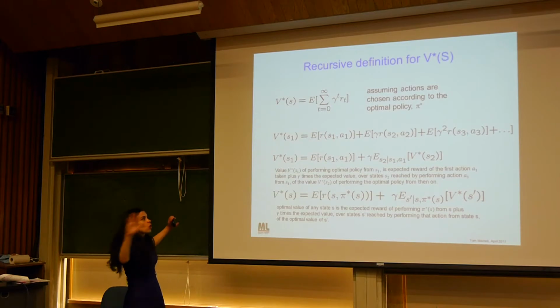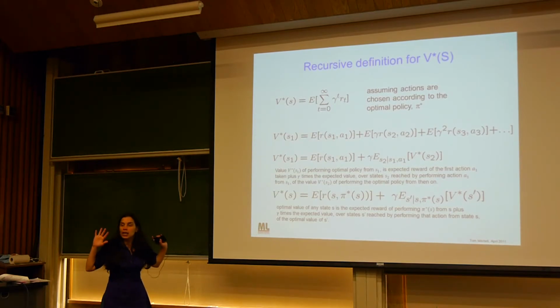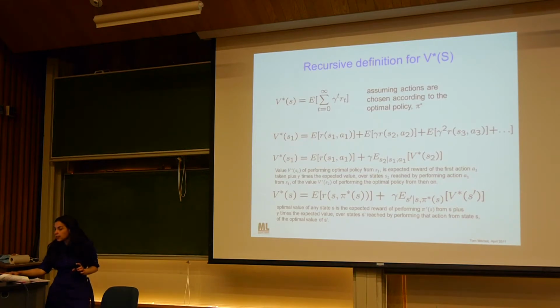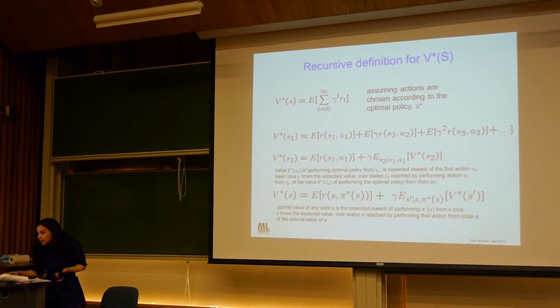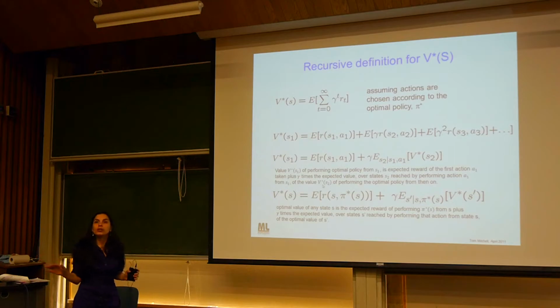Okay, but if you just unroll it out, we can observe that except for the very first term, the rest looks very much like what we had at the beginning if I factor gamma out. So then I can just observe that the value of the optimal policy if I start in state S1 is the expected immediate reward of the first action A1 plus gamma times the expected value, over the states S2 reached by performing action A1 from the state S1, of the optimal value V star of S2, performing the optimal policy from the moment on.